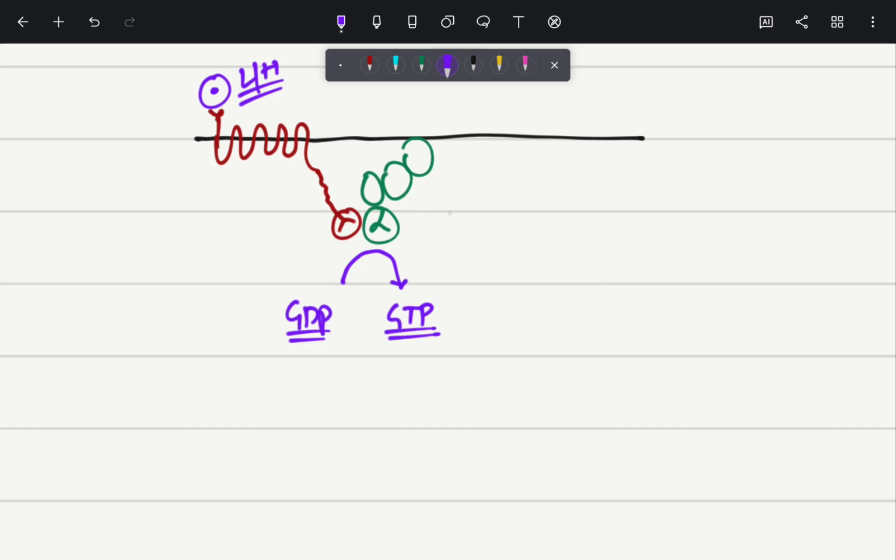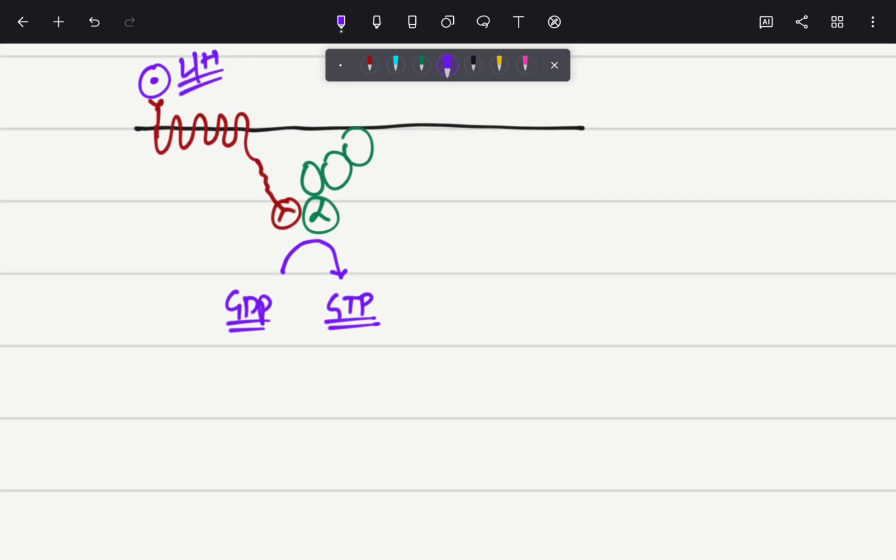Okay, so once again, whenever there is receptor activation, the alpha subunit gets activated and it will convert the GDP into GTP. During this step, the alpha subunit will get separated from the beta and the gamma subunit. Okay, they are getting separated from each other, and this alpha subunit together with the newly formed compound, which is your guanine triphosphate, will go and visit a complex.